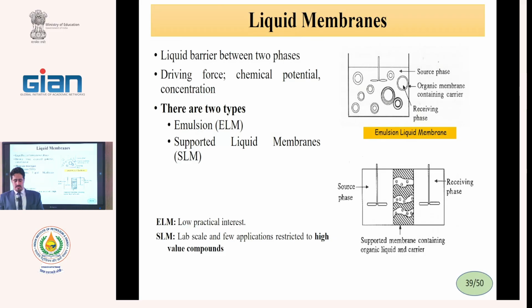Liquid membrane also is used mostly for recovery of expensive metals. Liquid membranes are similar to liquid extraction. In liquid extraction, we have a ligand that forms a specific complex with a metal and transfers that metal from the water phase to the organic phase.